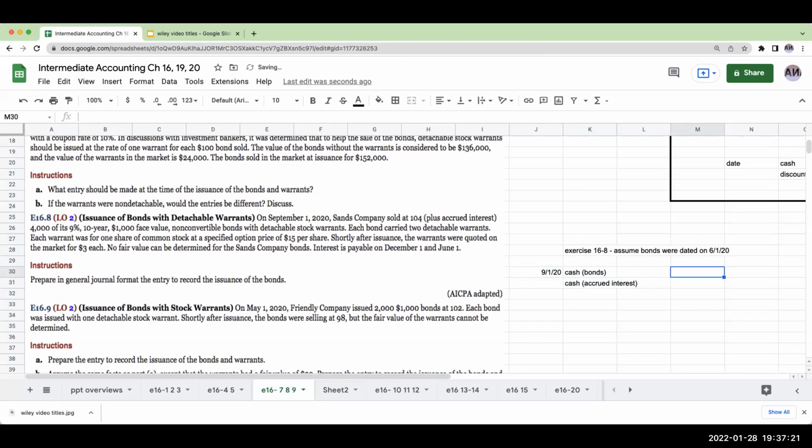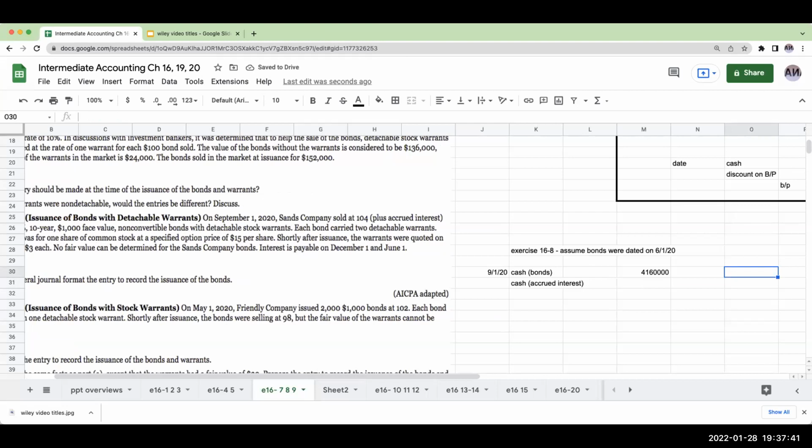Normally you would just combine them, but for educational purposes only, I like to split those up just so you can better see the calculation. So right over here, we're going to have 4,000 of its $1,000 face value bonds at 104. I'm going to multiply that by 1.04. So this is 4,000 bonds, 4,000 $1,000 bonds at 104%.